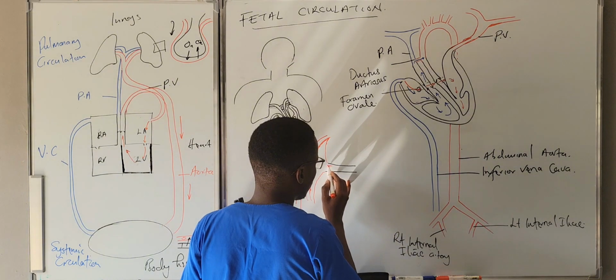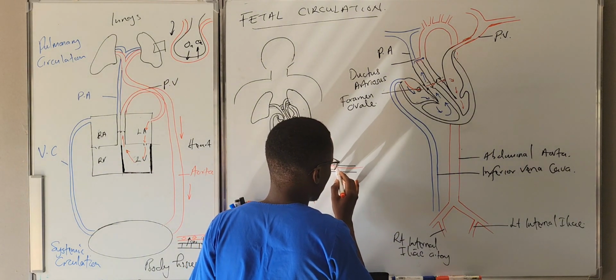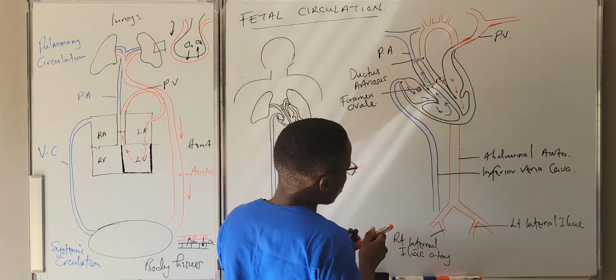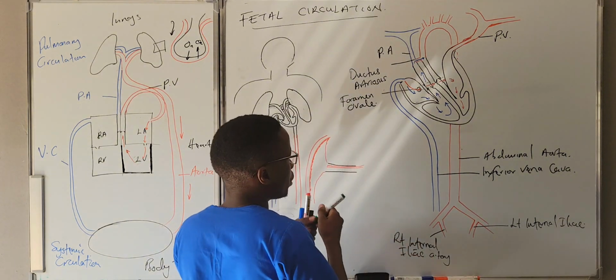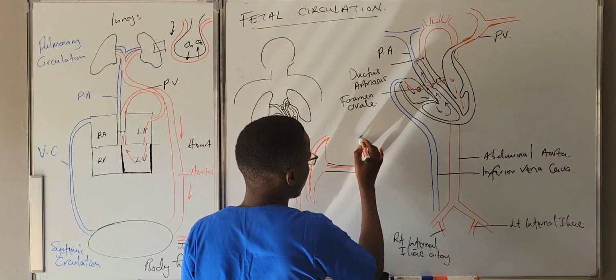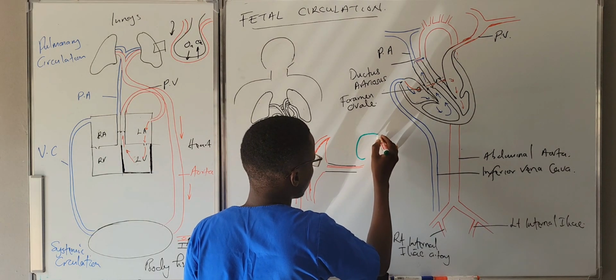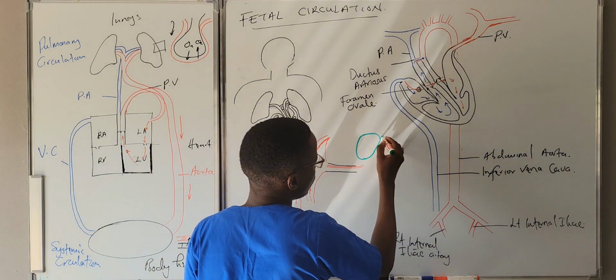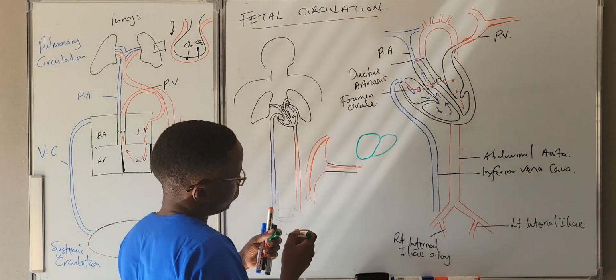I'll draw it in red, and shortly I'll show you the reason why the vein is in red. Now, somewhere here, let me draw the artery in gray, for the sake of understanding.